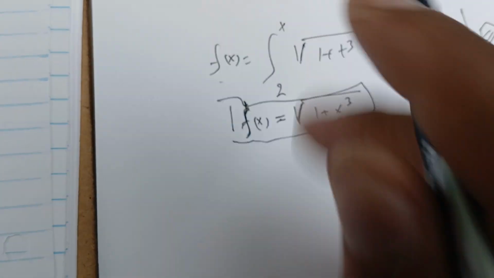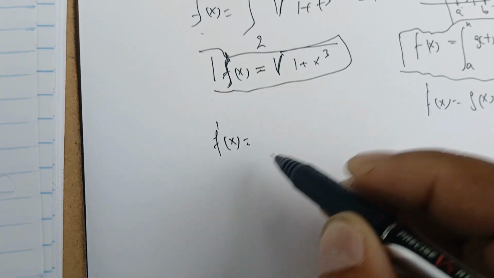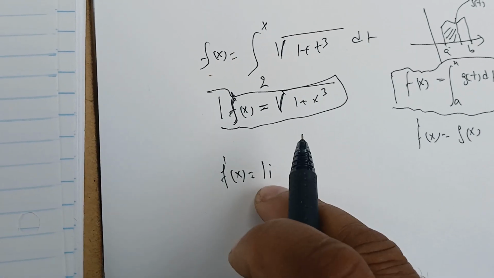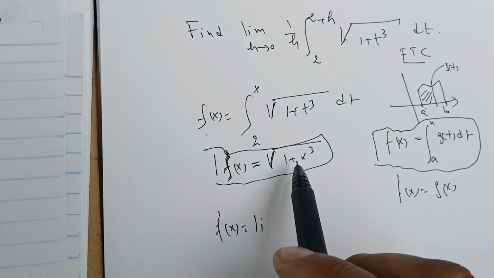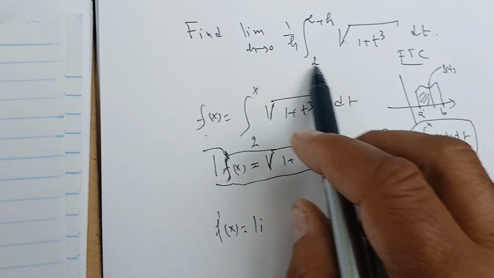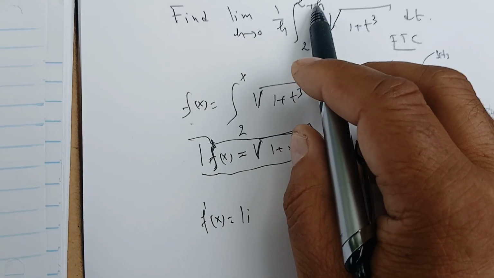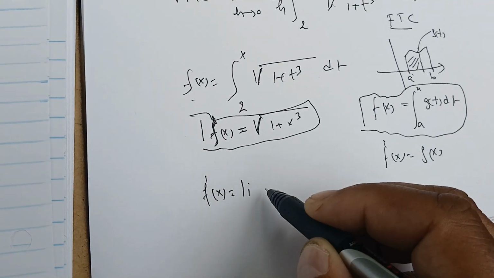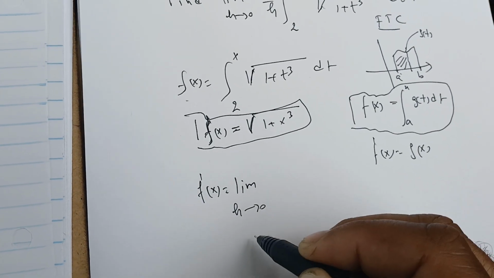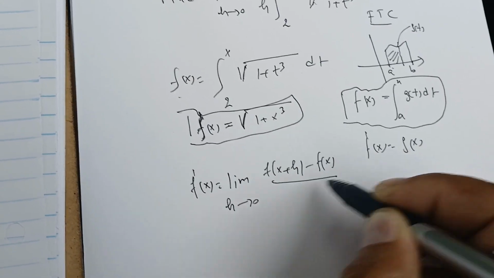But here we want to use the definition. F prime of x is the limit, but we want to compute some value. Clearly, we need to make it appear between 2 and 2 plus h. So what's the definition of the derivative? It's the limit as h goes to 0 of f of x plus h minus f of x over h.